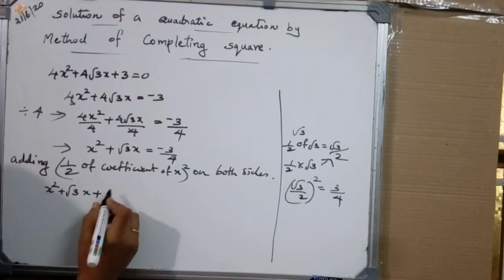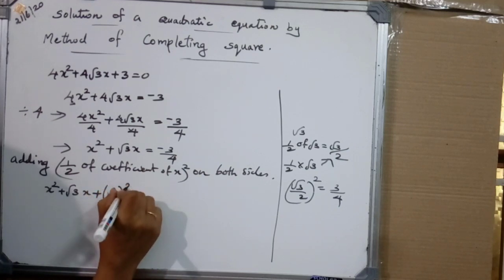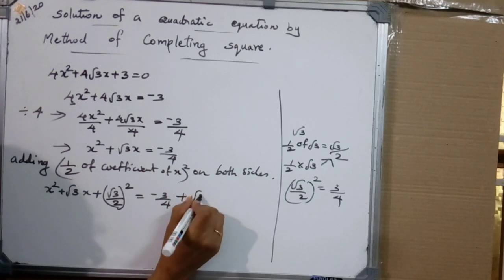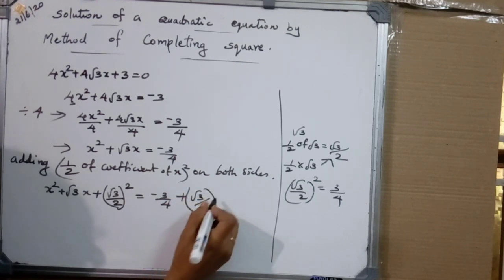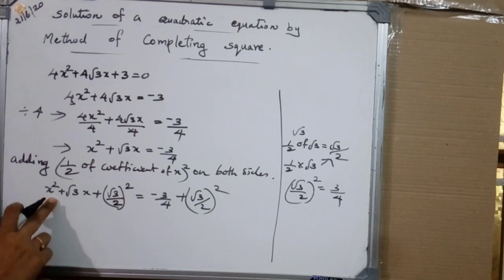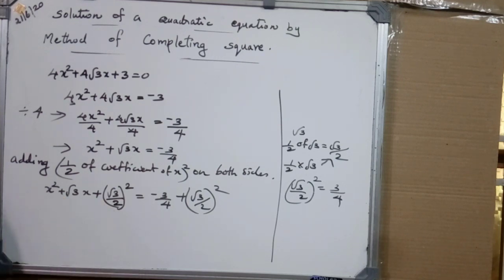Or let us take here root 3 by 2 the whole square on both sides, that is minus 3 by 4 plus root 3 by 2 the whole square. Now next step we can replace that 3 by 4. Now what is it? x square plus root 3 x plus root 3 by 2.